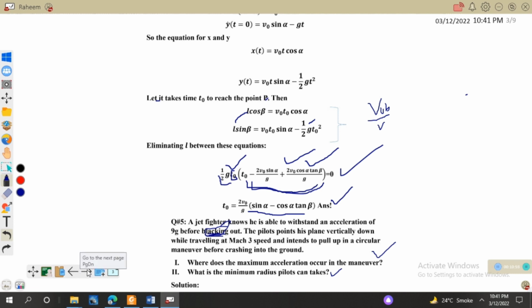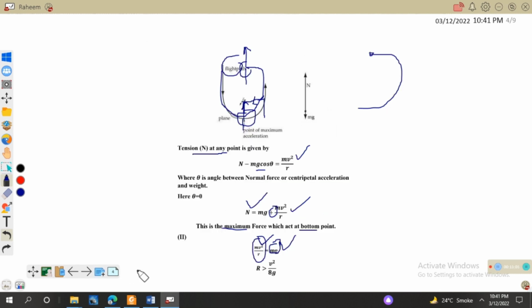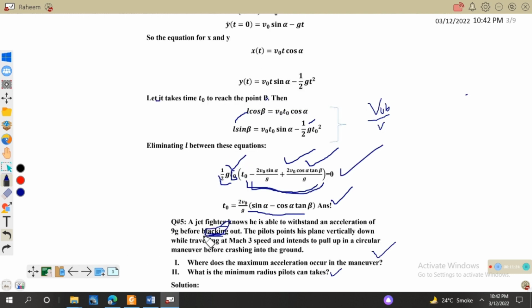So if he is at 9g he blacks out, so before 9g the acceleration will be 8g. If we simplify this equation, m cancels with m, and we are left with r, v and g. So we put a equal to 8g because at 9g he blacks out. So we have to consider the condition before 9g.